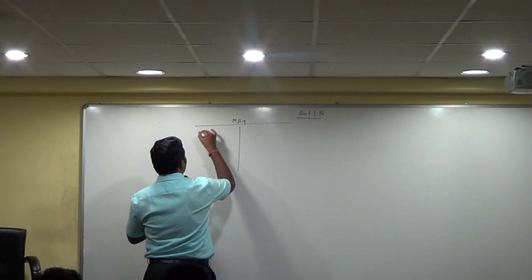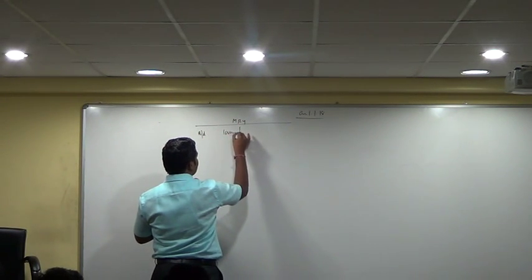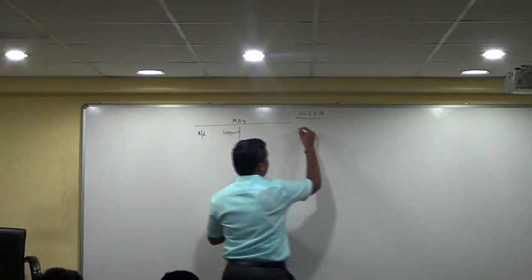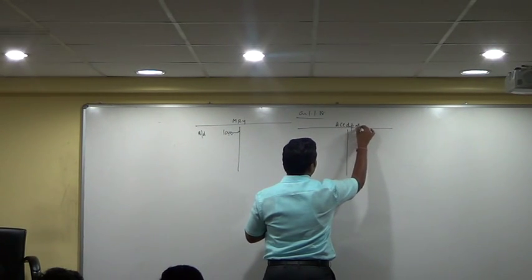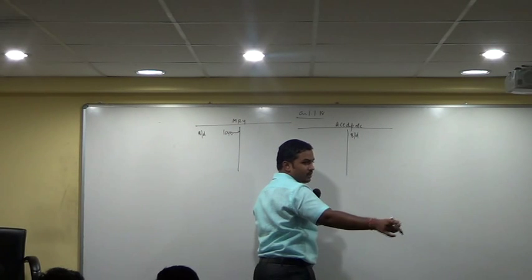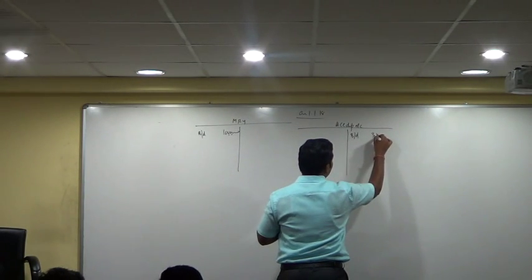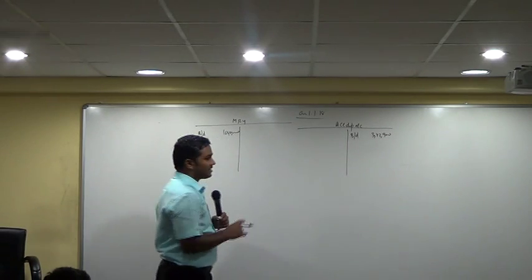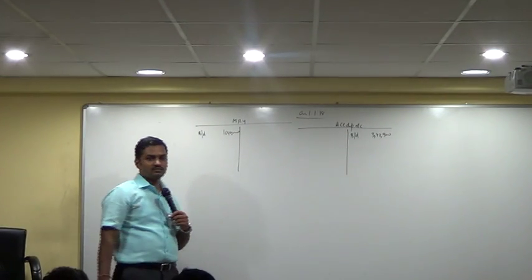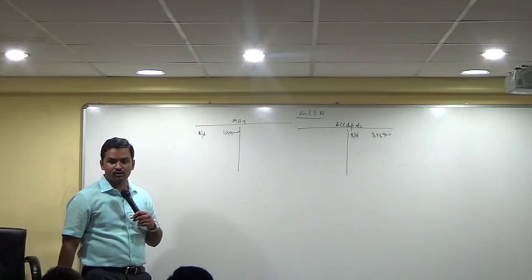Machinery brought down 10 lakh cost, accumulated depreciation brought down. What was the accumulated depreciation balance? 3,43,900. Now I sold this asset for 5 lakh. How will I show it in books of accounts?